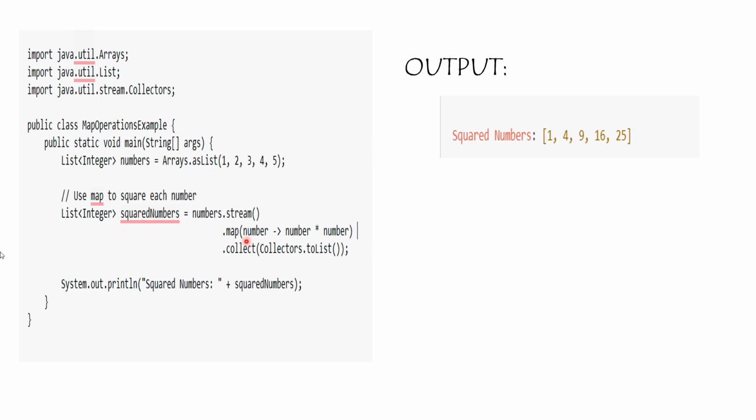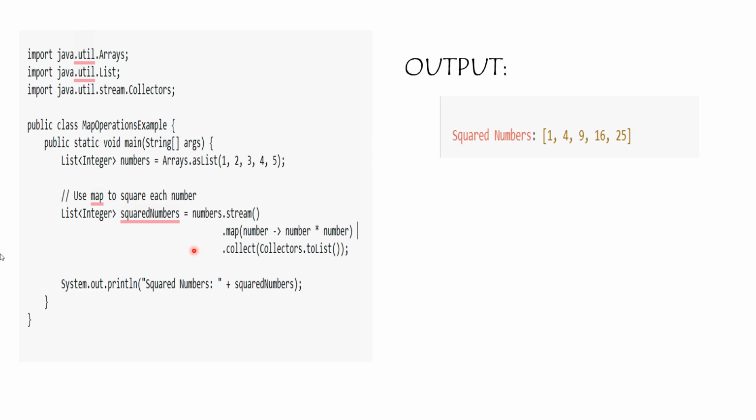This converts the numbers list into a stream, which allows us to perform operations on each element in the list in a functional way. Now .map(number -> number * number). This applies the map function to each element in the stream. For each number in the list, the lambda expression number -> number * number takes the number, squares it, and returns the squared value.